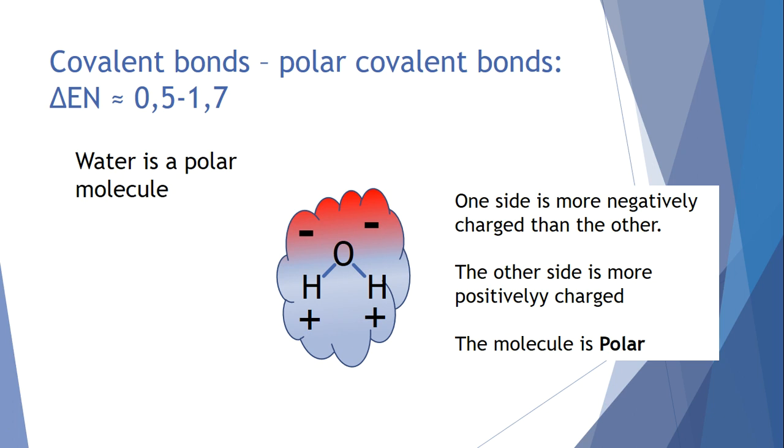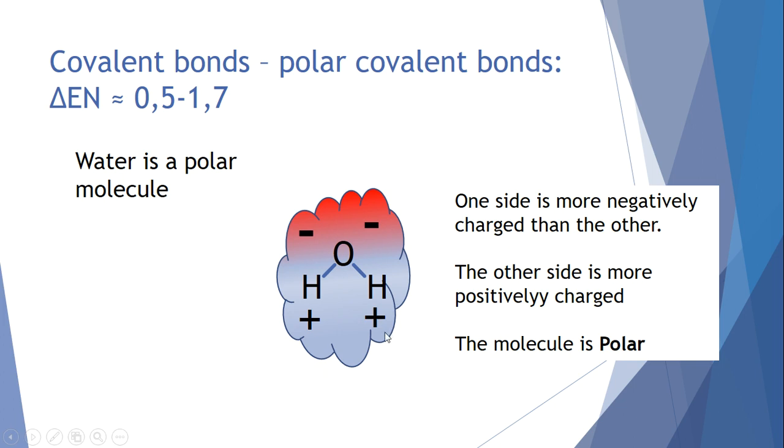One side is going to be more negatively charged than the other. That's because we have slightly more electrons over here than we have over here. The other side is going to be more positively charged because we're pulling away electrons from here a little bit, so it's going to be more of a plus charge on this side because we're sort of losing our tug on the electrons a little bit.